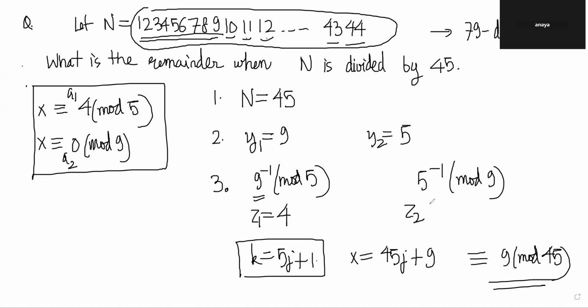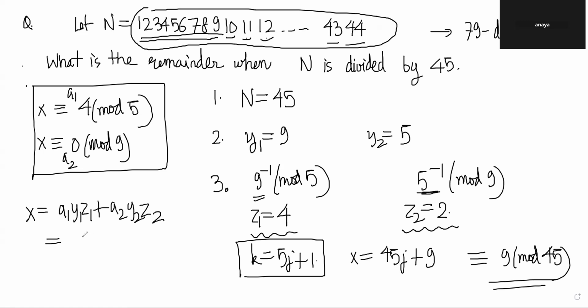And Z2 is the inverse of 5 mod 9. So 5 into 1, 5 into 2, and so on. Do you understand how I got Z1 and Z2? Yes. Now our answer is simply A1 Y1 Z1 plus A2 Y2 Z2. That's the summation step, the last step. A1 is 4, Y1 is 9, and Z1 is 4.